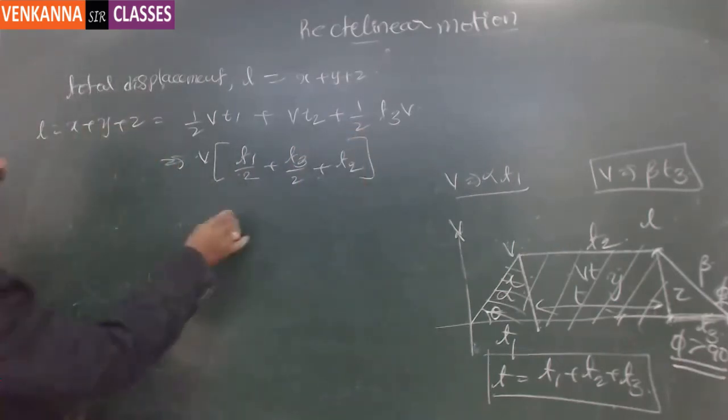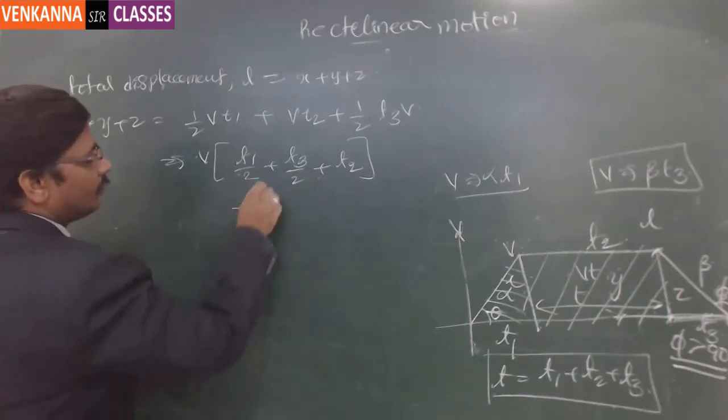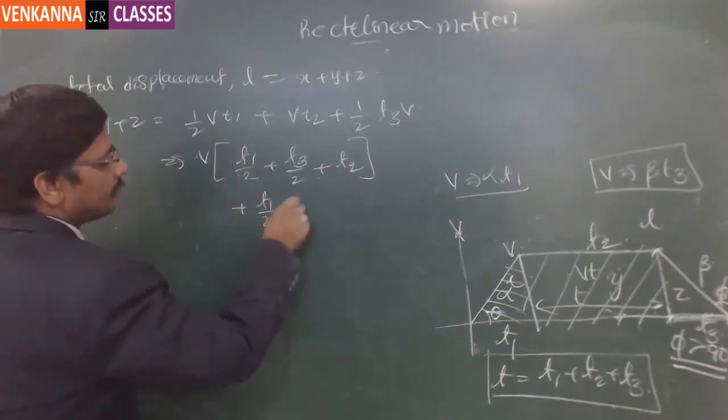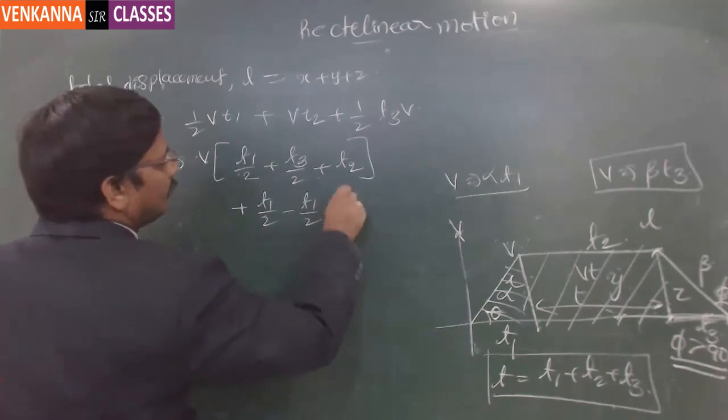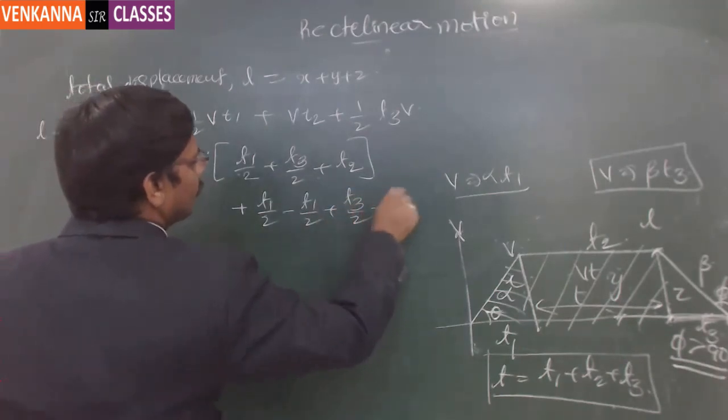So for this, what I will do is add t1 by 2 and subtract t1 by 2, and again add t3 by 2 and subtract t3 by 2.